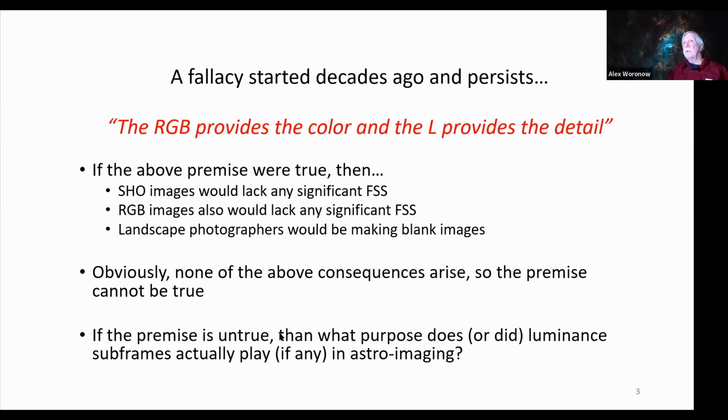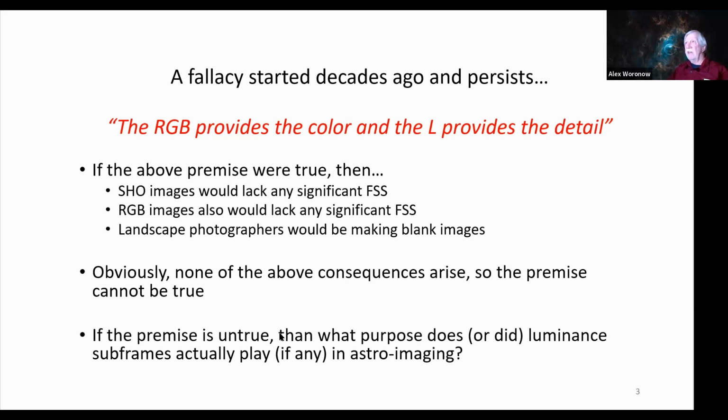But if it were true, then the SHO images we make, for instance, would have no detail, and they clearly do. Our RGB images, some of us just use RGB and not the L, would also lack detail, and they don't. And of course, landscape photographers who never take an L image would be up a creek with blank images coming out of their cameras.